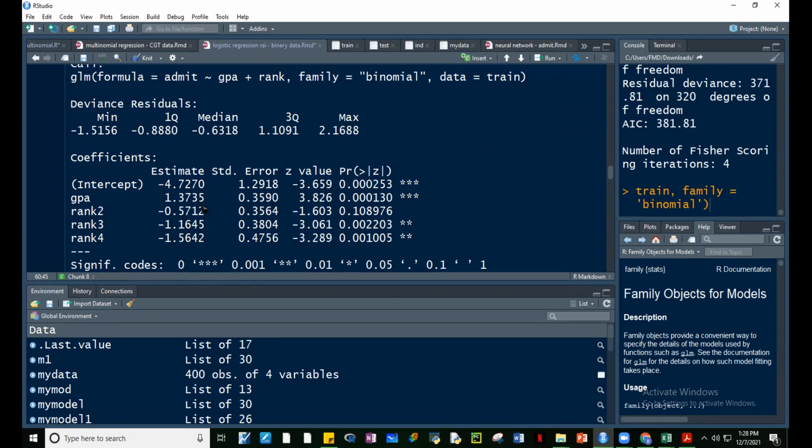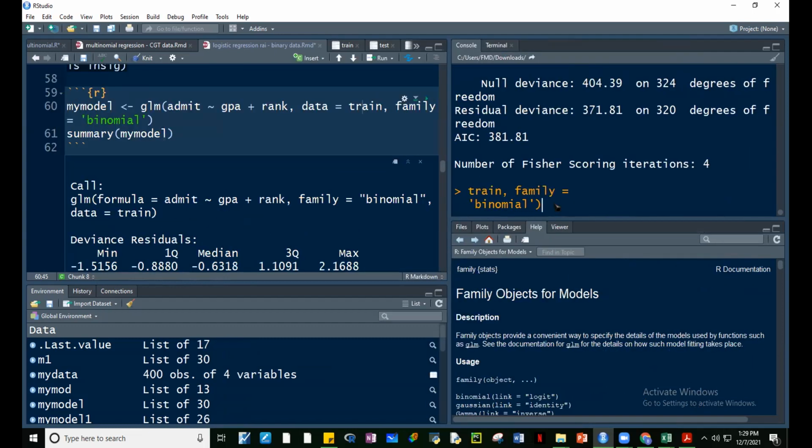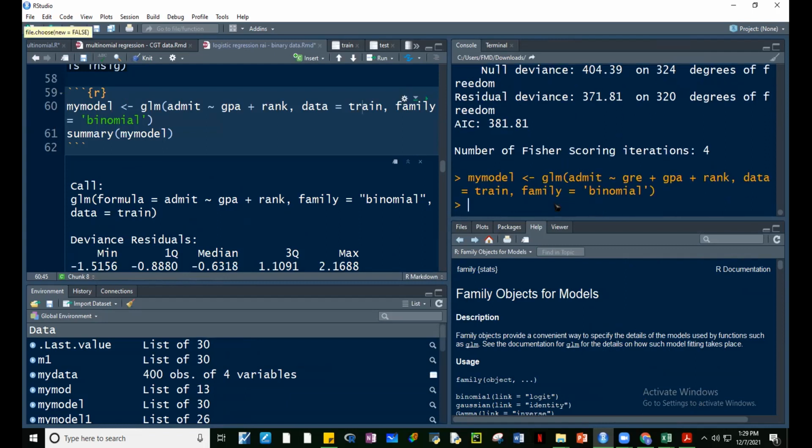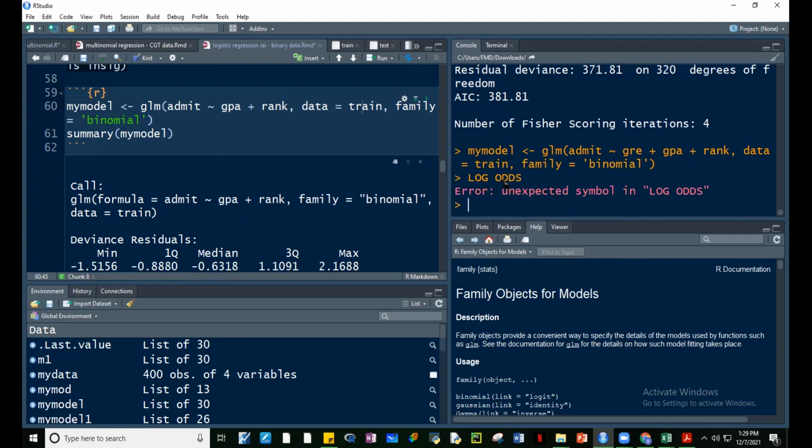Okay, so ano ibig sabihin nito? Quickly, what does 1.3735 mean? It means that by a one point increase in GPA, okay, so yung 1.3735 na yan, i-explain ko in a while, no? This is what we call the log odds ratio. Okay, log odds. Explain ko kung bakit log odds siya.